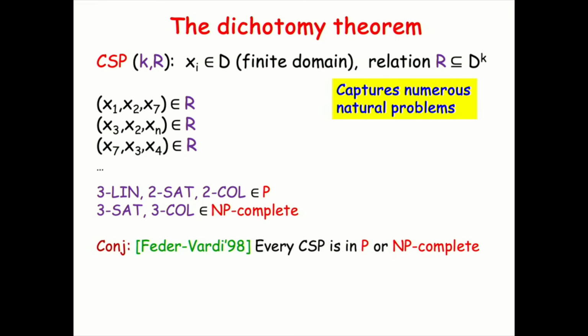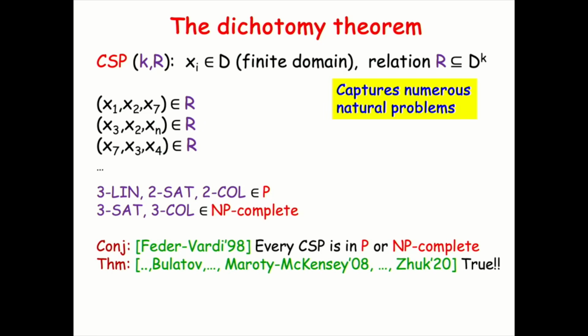And a very bold conjecture in the 90s was that every constraint satisfaction problem is either easy or NP-complete. It took some 20-some years, but we have a dichotomy theorem today. So this explains partly this dark matter not existing, at least for what we call natural constraint satisfaction problems.